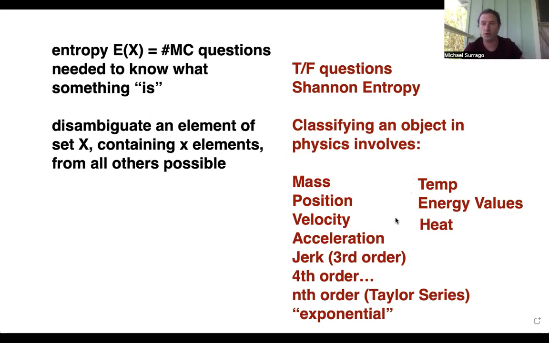These are all things that you might want to know. Even other things like density in a region of that object. So wanting to know the answer to all of these things, you're going to have to ask more true or false questions, but it's logical to assume that you can solve each problem additively.